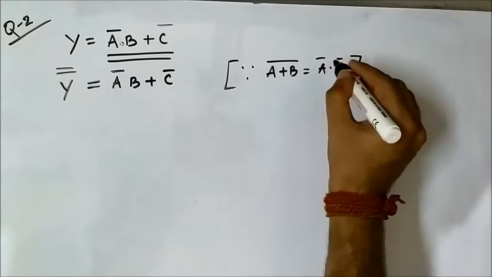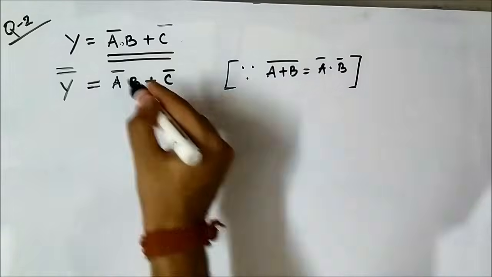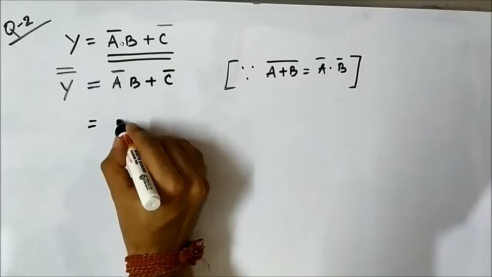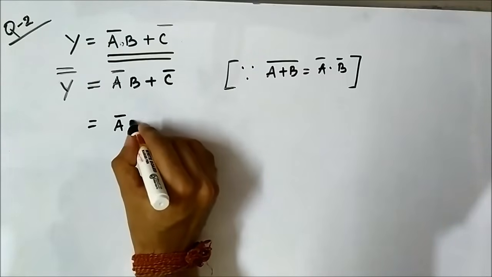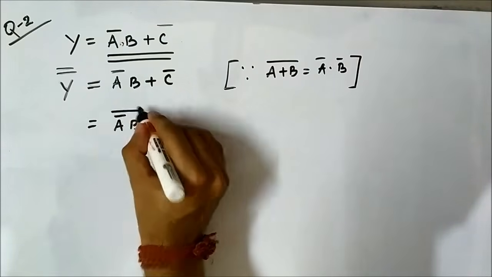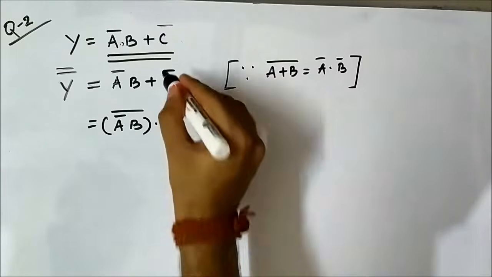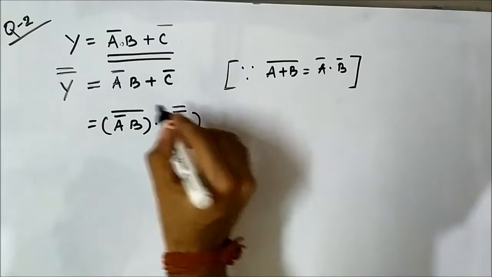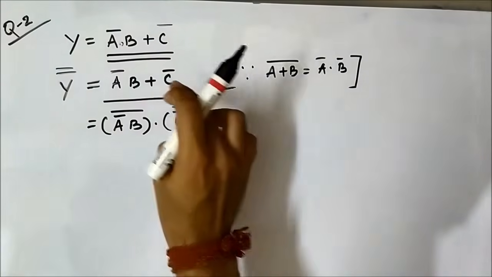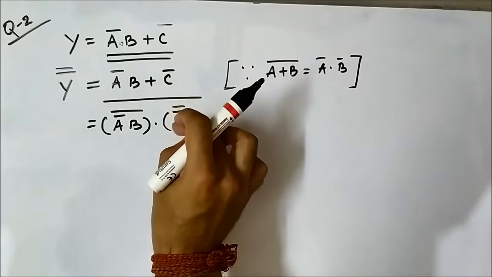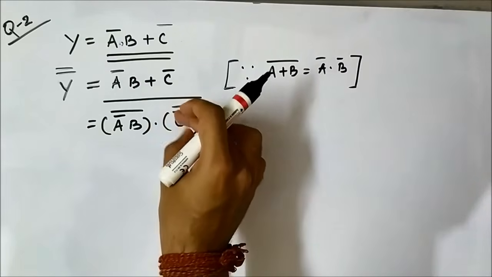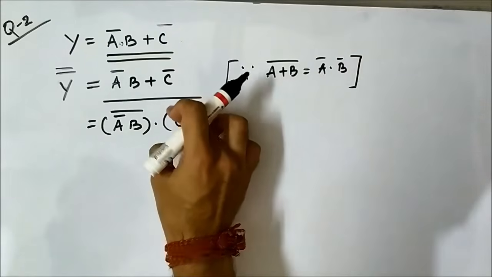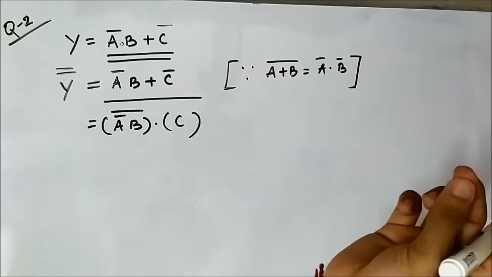Okay, (A or B) whole complement is A complement and B complement. So if we do that here, it will be (A complement B) whole complement and (C complement) whole complement. Now we know the double complement of any signal or any variable will give us the original. So it will be C.